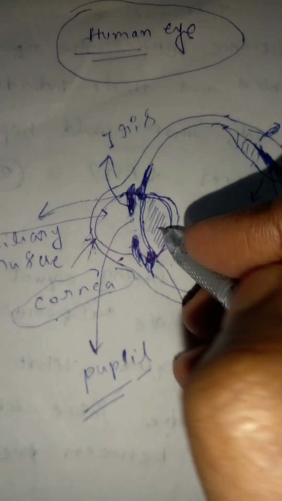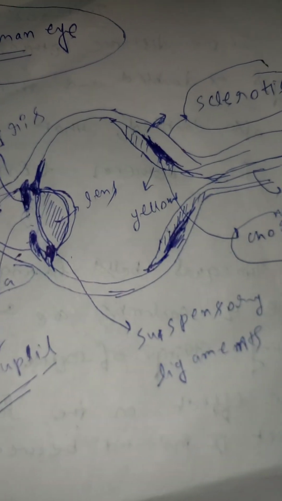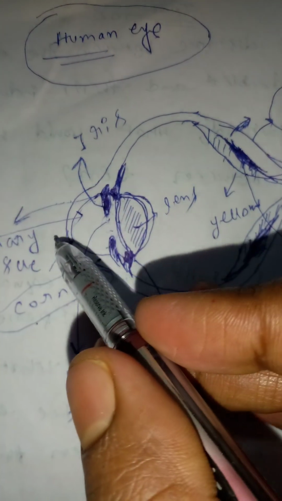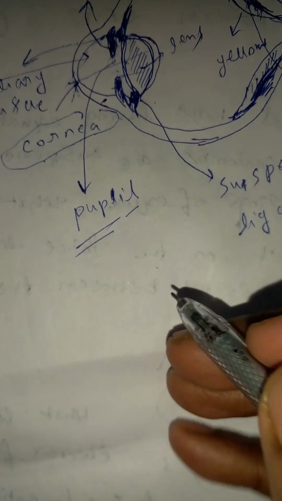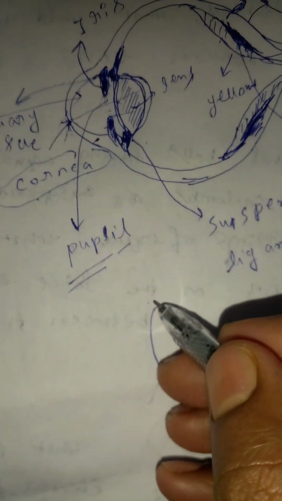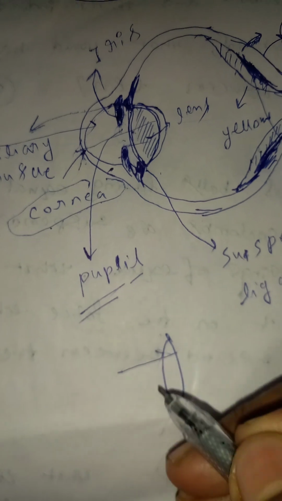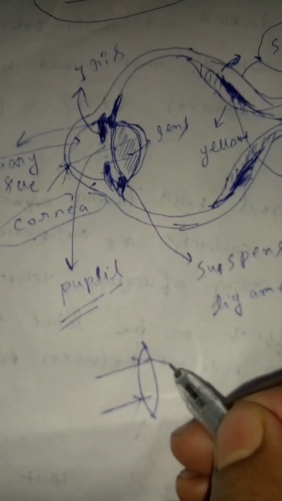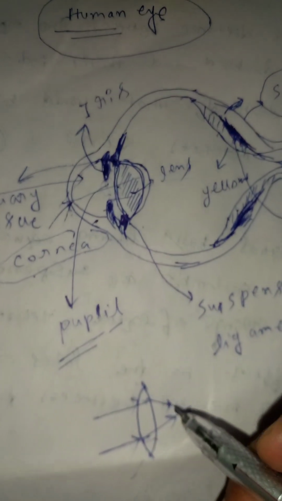And this lens, this is the crystalline lens. Now what is this lens? This is actually a converging lens. The rays of light come through this lens and will converge. Converge means, as we have already seen in a convex lens, when rays of light come, they meet at a point, the converging property.